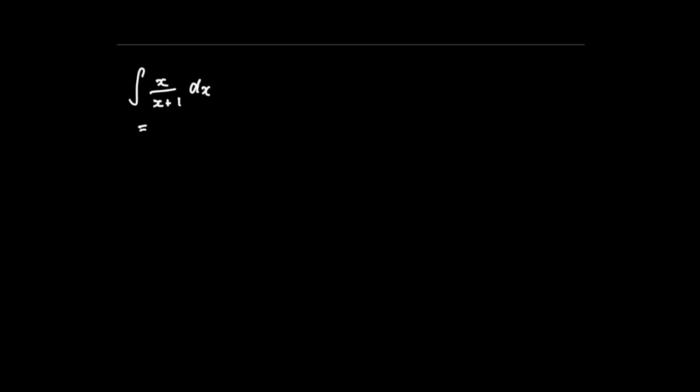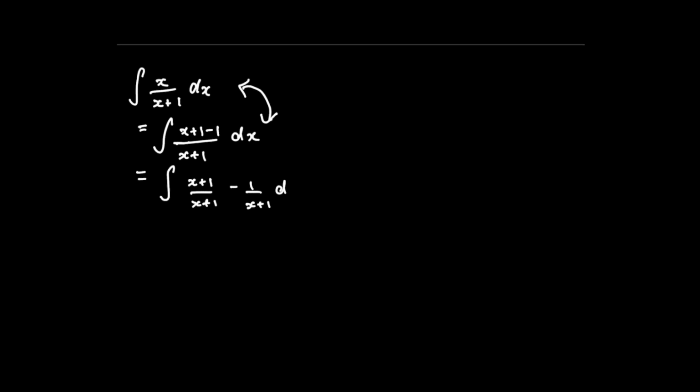We can write this as x by x plus 1, and what we can do here is just plus 1 minus 1. As you probably noticed, the plus 1 and the minus 1 cancel each other, so these two are still equal. Now we can just split the fraction up, and we get x plus 1 by x plus 1 minus 1 by x plus 1 dx.